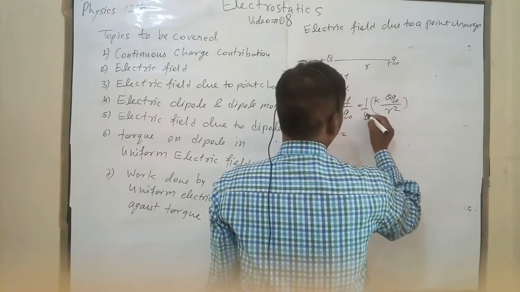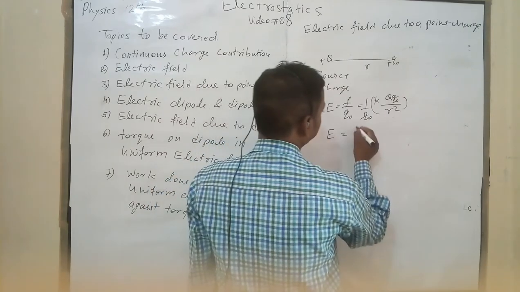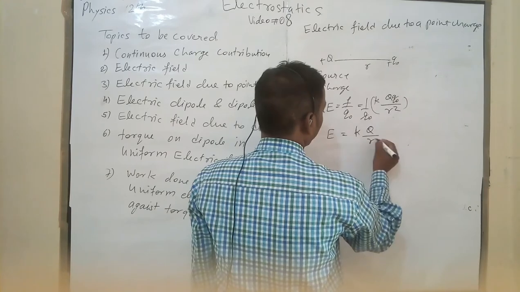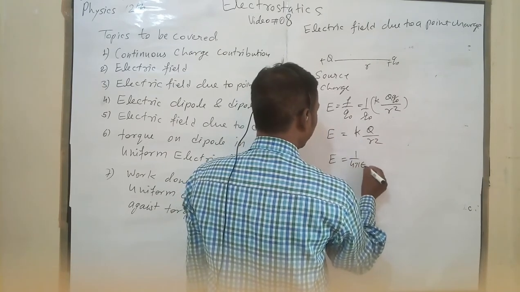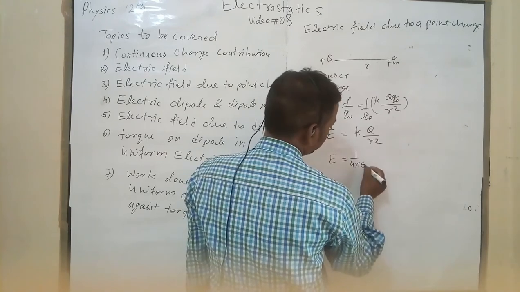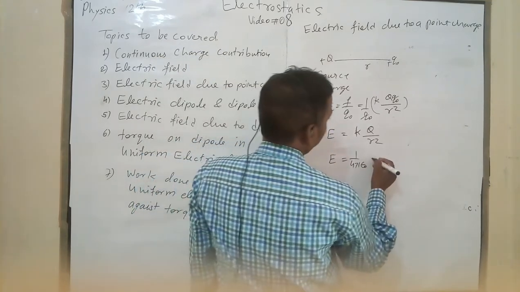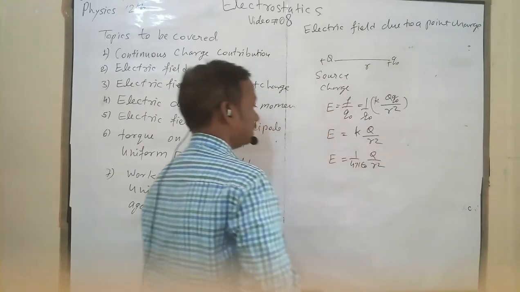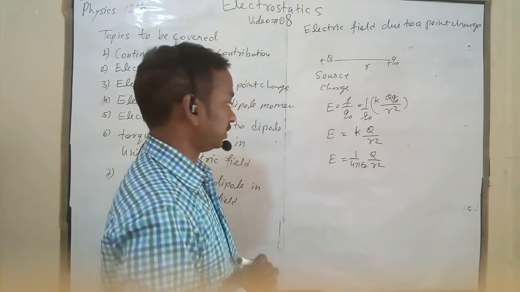So Q naught can be cancelled. So we have K times Q upon R square. So E equal to 1 upon 4 pi epsilon naught times Q upon R square. That is the formula of electric field due to a point charge.